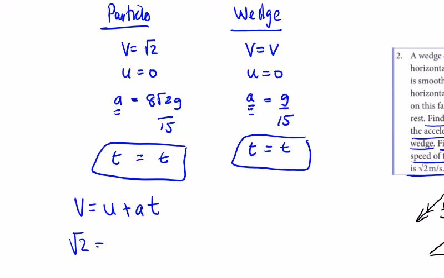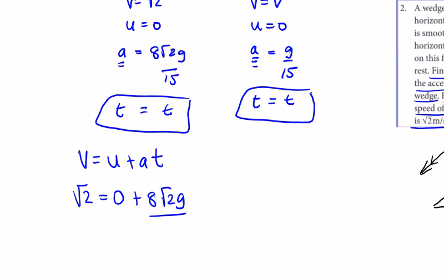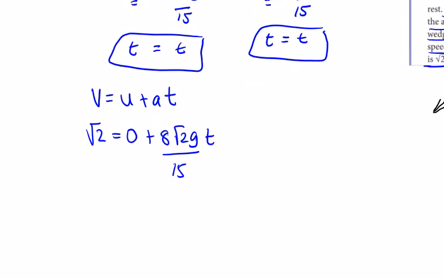Root 2 is equal to 0 plus 8 root 2 g over 15 times t. So if we multiply across by 15, we're going to get 15 root 2 is equal to 8 root 2 g t. Divided by 8 root 2 g, that has to be equal to t.